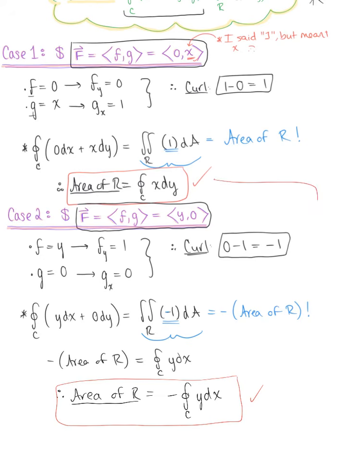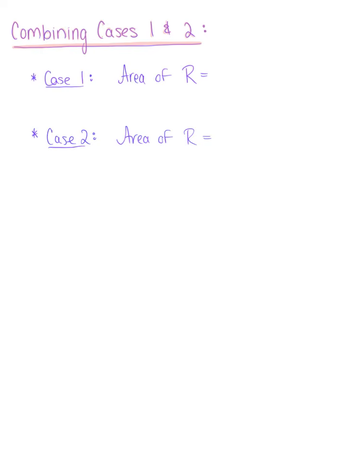So what we want to do now is combine these two into one happy integral. Recall from case 1, we found that the area of R is defined by the vector line integral over the closed curve C of x dy. And in case 2, we saw by Green's theorem that the area of this bounded region R is also equal to minus the vector line integral over the closed curve C of y dx.